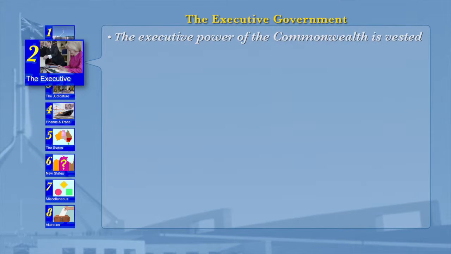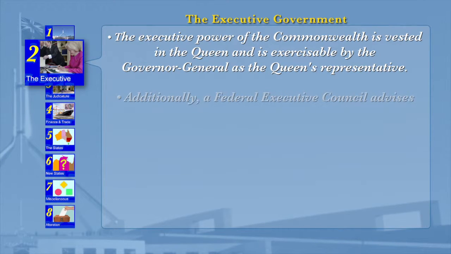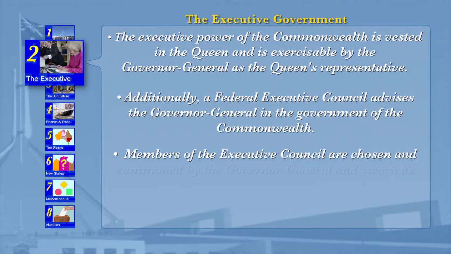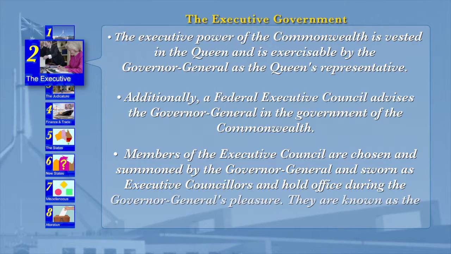The executive power of the Commonwealth is vested in the Queen and is exercisable by the Governor-General as the Queen's representative. Additionally, a Federal Executive Council advises the Governor-General in the government of the Commonwealth. Members of the Executive Council are chosen and summoned by the Governor-General and sworn as Executive Councillors and hold office during the Governor-General's pleasure.